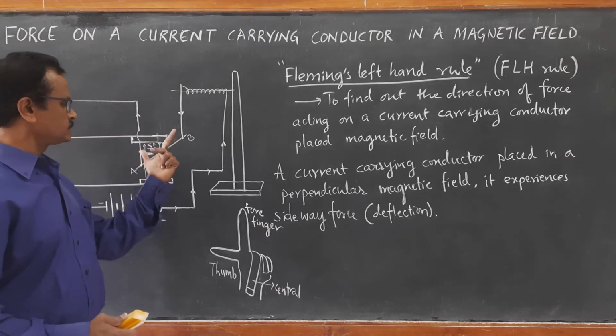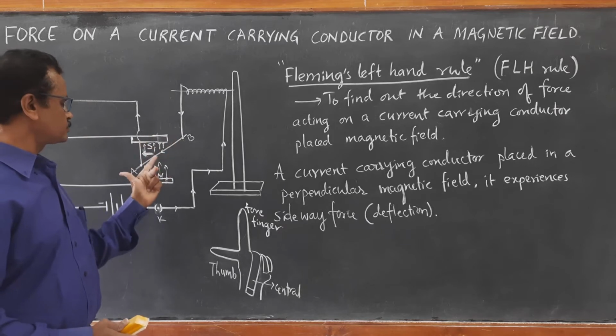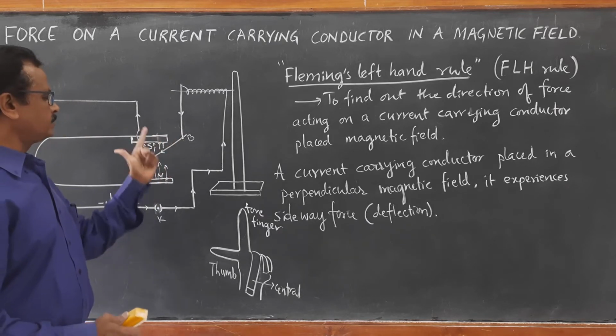The central finger shows the direction of current, the thumb shows the direction of mechanical force, and the forefinger shows the direction of field.